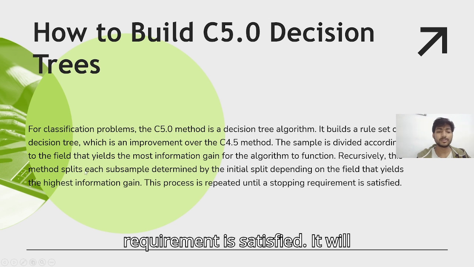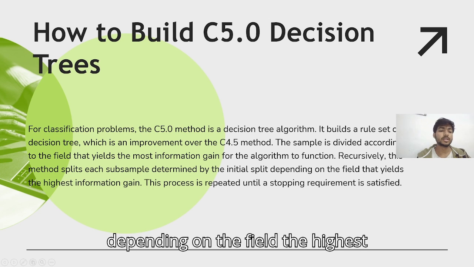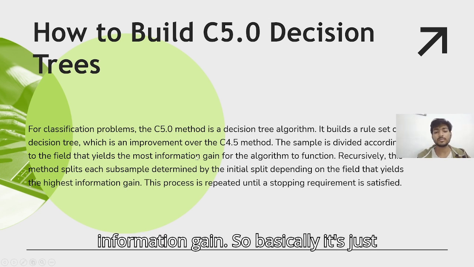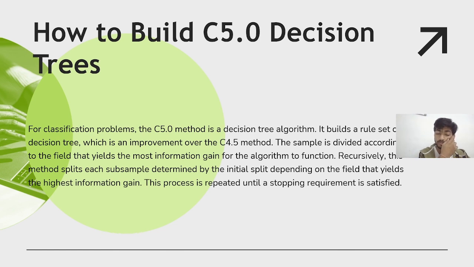Okay, so it will just split its sample depending on the field with the highest information gain. So basically it's just splitting on the high information gain field node recursively.